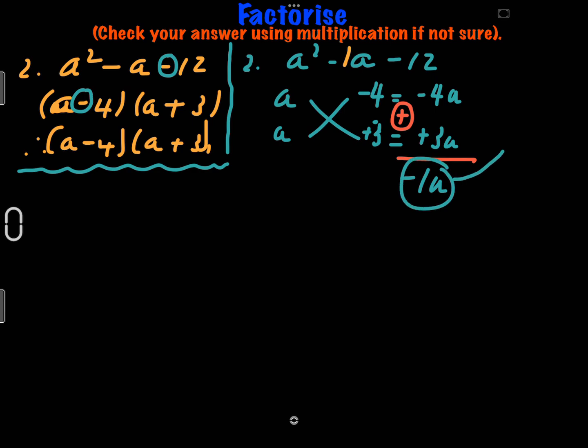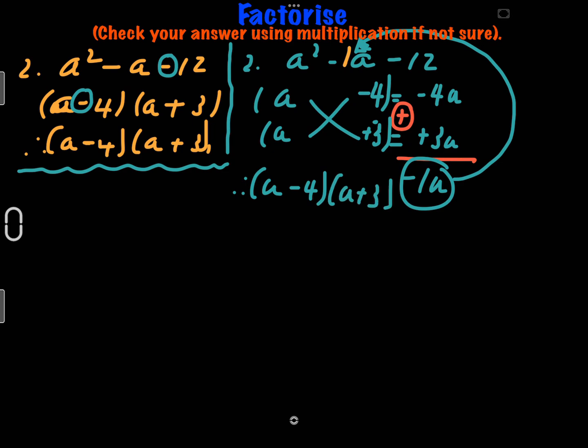Because this satisfies the middle term, in other words, it meets this criteria, then we can start inferring by grouping these to say, therefore, a minus 4 multiplied by a plus 3 is equal to a squared minus 1a minus 12, which is the same answer as the first answer that we have there written in yellow.